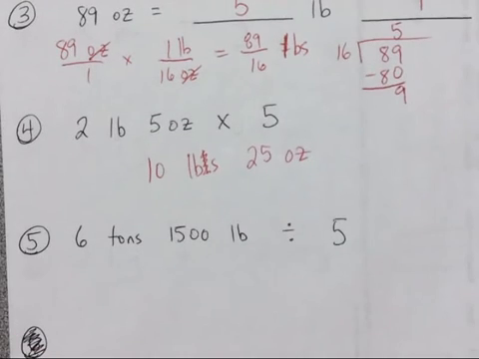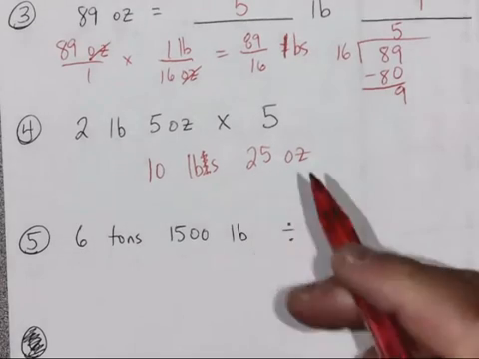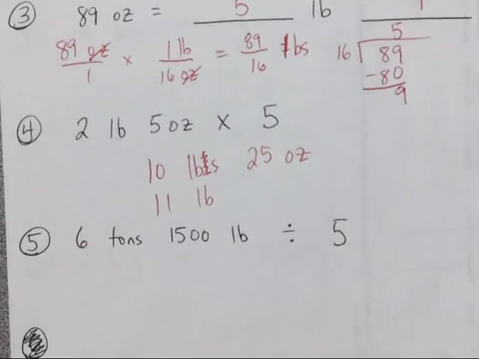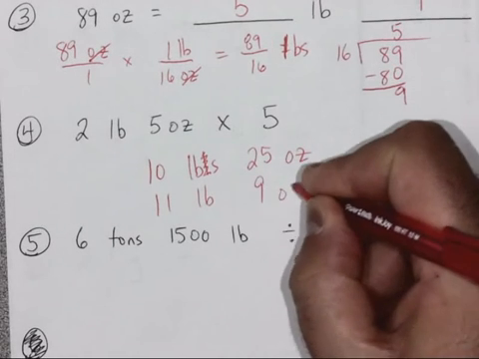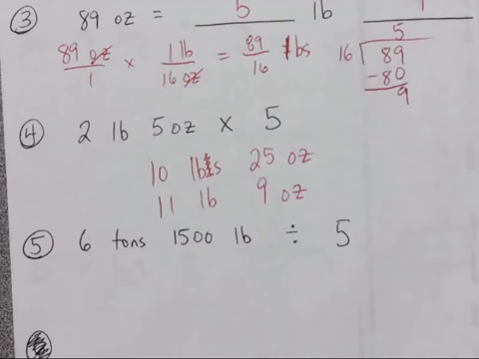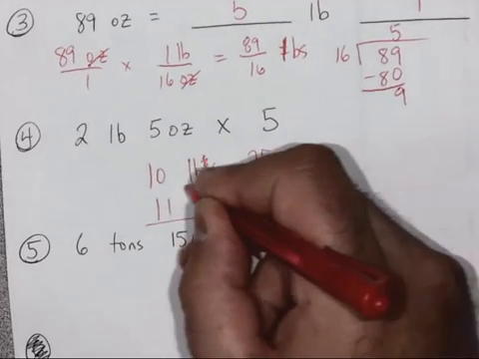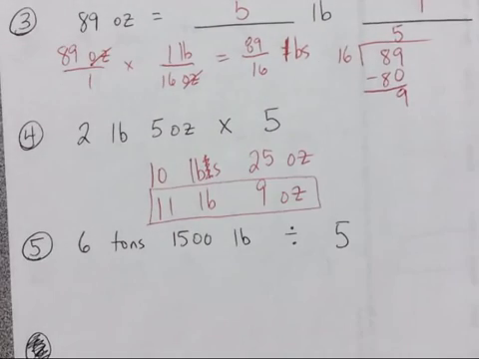But we want to, once again, make sure that we convert 16 ounces over to another pound if we can. So obviously this is more than 16. So I can make another pound here with 16 of those ounces, and then there would be 9 ounces left over once I did that. And so this is the answer that you want to use. We did problems similar to that in the length section as well.